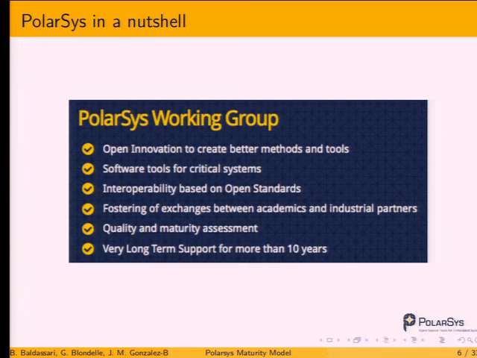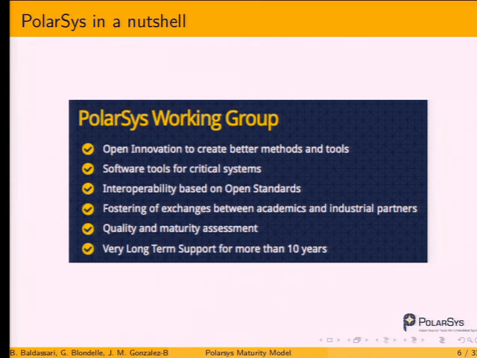That's quality and maturity assessment, because more or less our members want to get open source tools that can be good alternatives to some proprietary tools they use, and they want to reach some level of maturity and quality that is sometimes found in the proprietary tools.